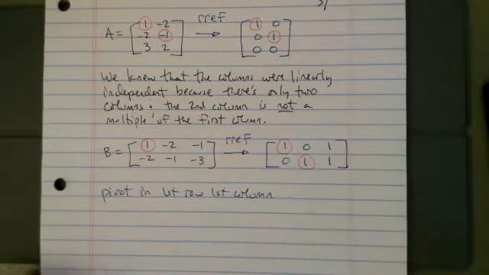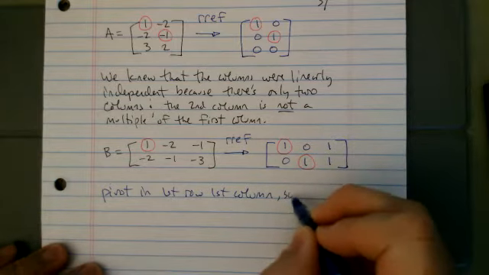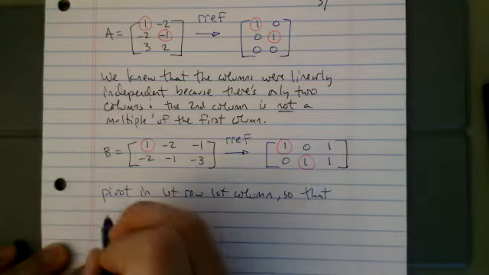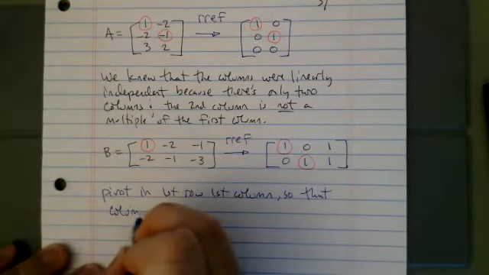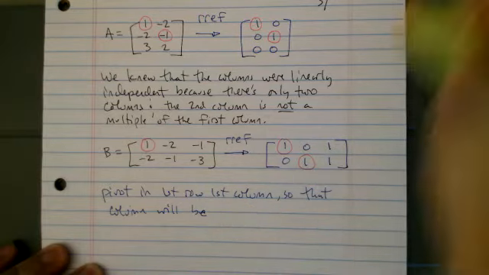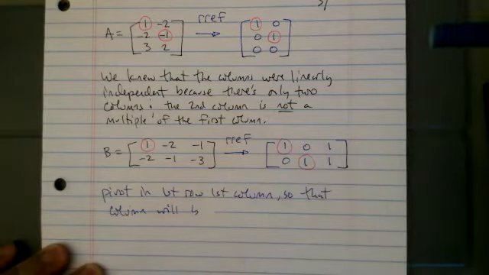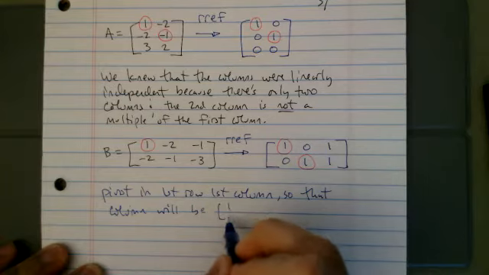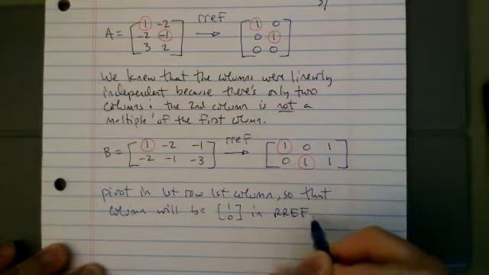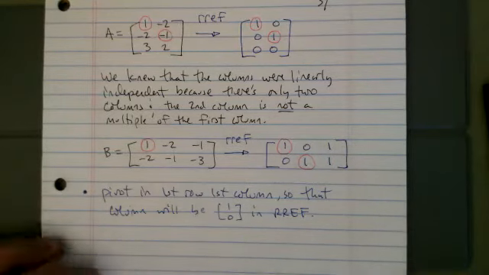There's a pivot in the first row, first column, so that column is 1, 0. Yikes, a little trouble writing today. That column will be 1, 0 in the reduced row echelon form. That's the first thing we noticed.